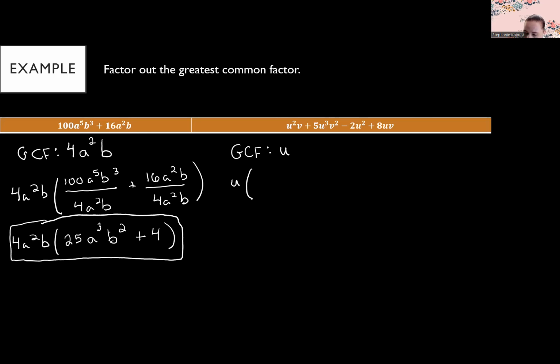So I have u, and then in parentheses, I'm going to divide each of these by u. So I have u squared v over u plus 5u cubed v squared over u minus 2u squared over u, and then plus 8uv over u.